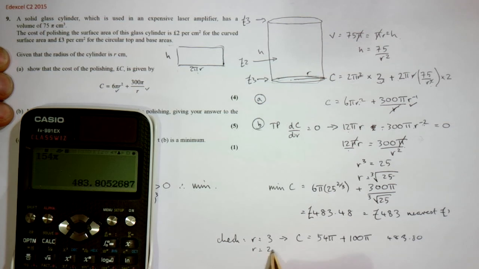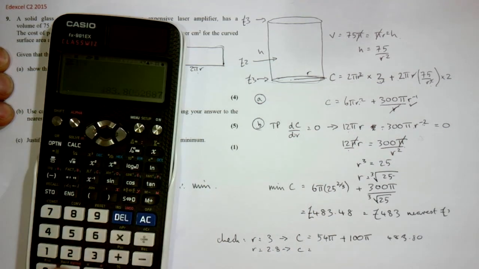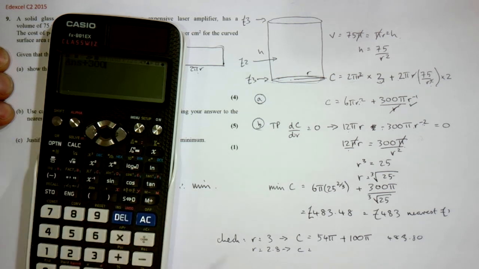If r is equal to 2.8, C is equal to 2.8 squared times 6 pi, and then we're going to add 300 pi divided by 2.8.